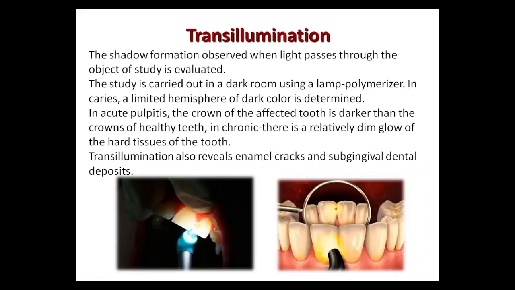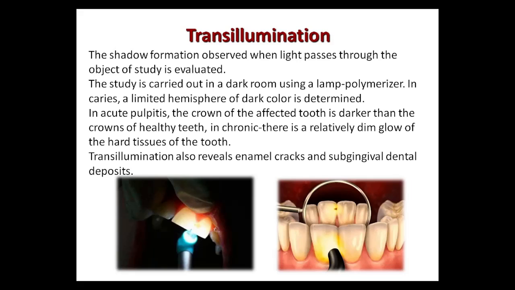And a similar method is called trans-illumination. The shadow formation observed when light passes through the object of study is evaluated. This study is carried out in a dark room using a lamp polymerizer. In caries, a limited hemisphere of dark color is determined.